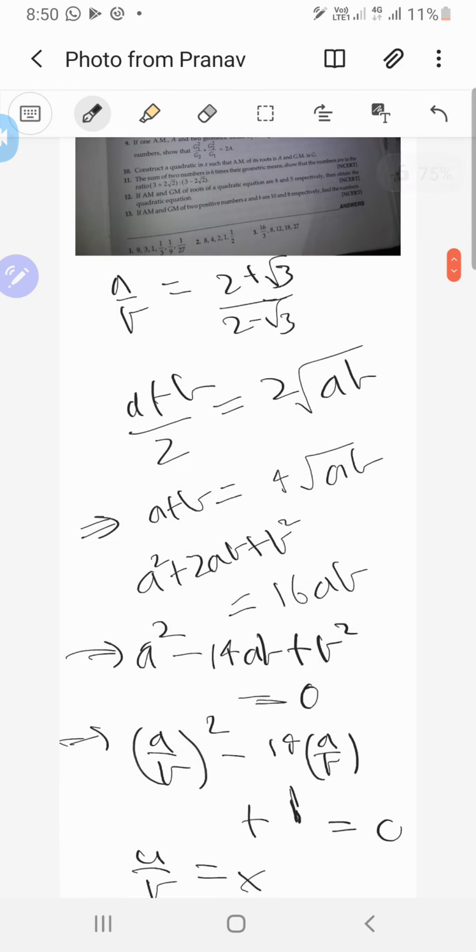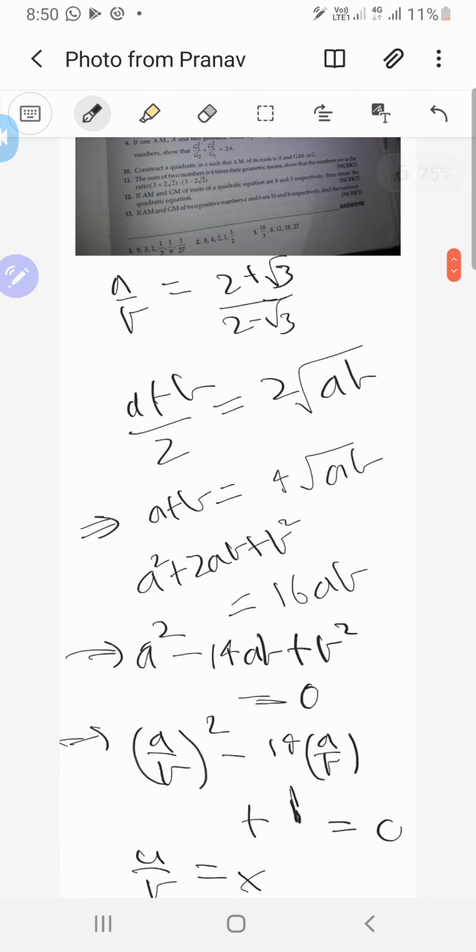So you have to construct a quadratic in x such that the AM of its roots is a and the GM is g, which means that, it's a quadratic, so there are two roots, alpha plus beta. The AM of its roots is a, so 2 times a equals the sum of its roots. And the GM is g, which means that alpha into beta is going to be g squared.